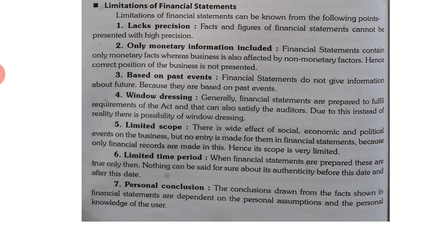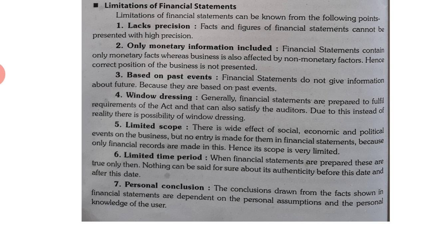Limited scope. For the other activities, there is a wide scope; they do much for the economy, for society, for politics, and for the country, but all these transactions are not recorded by the company in their financial statement. Therefore only financial transactions are recorded.